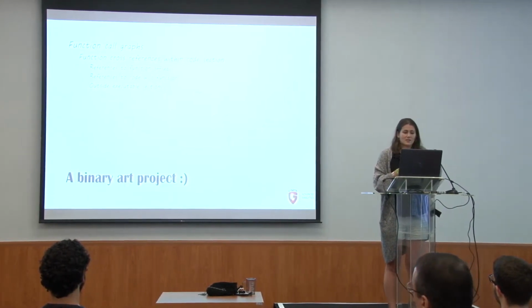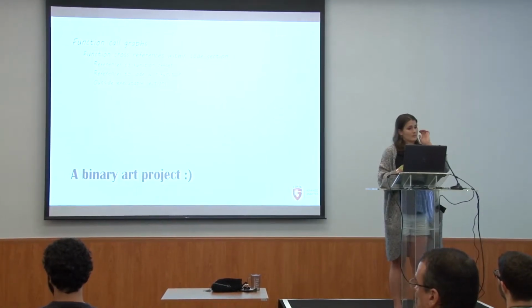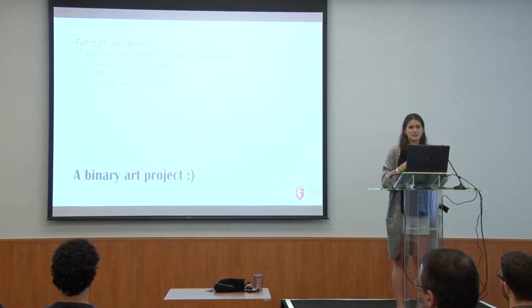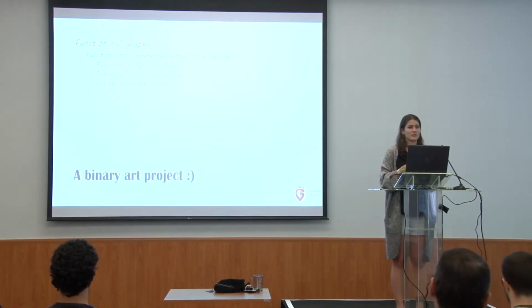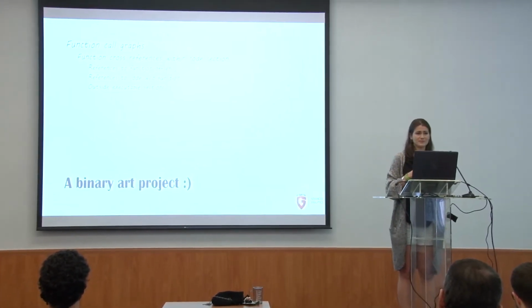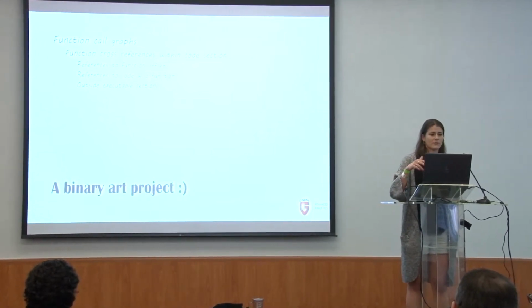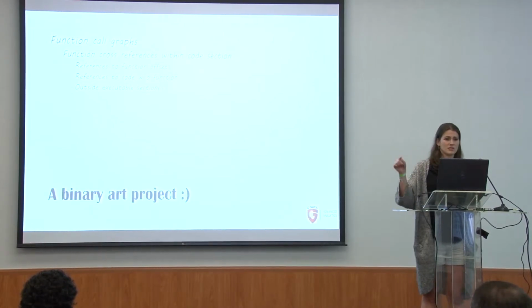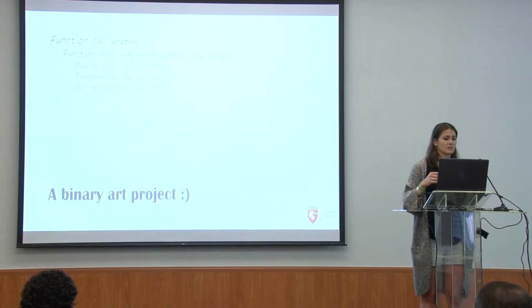How did the graph generation work? As I mentioned, I used functions as my nodes and function calls as my edges. But that's not as simple as it sounds, because there are a lot of calls of different types within a binary. All that I was interested in for the graph generation were local calls from functions within the code section, but not calls to APIs and so forth.